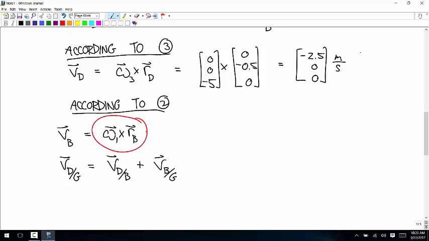That's this one. This one is circular motion.